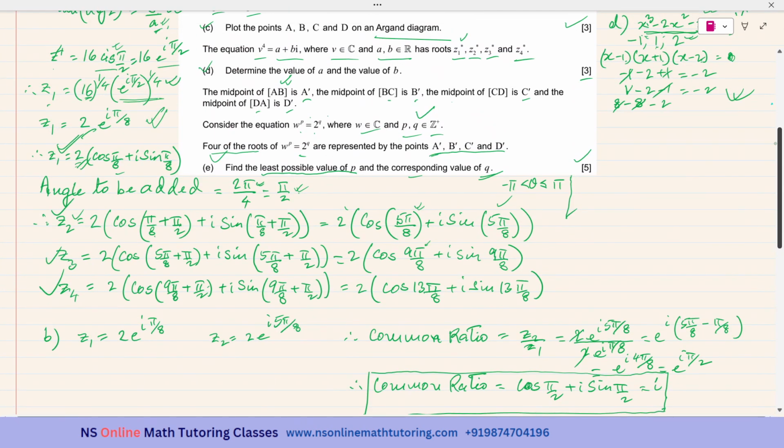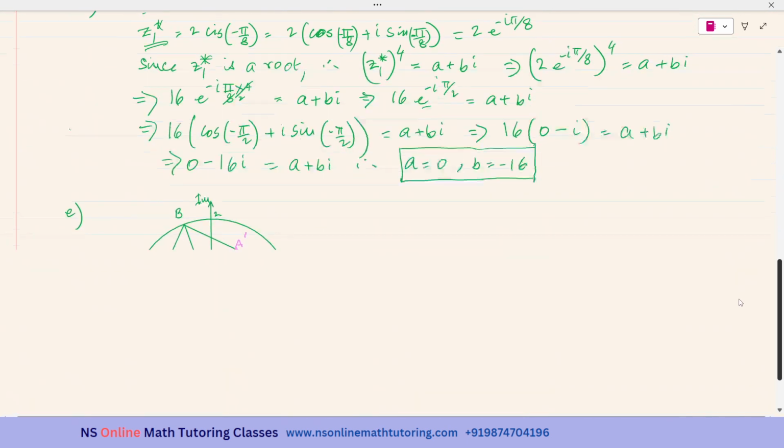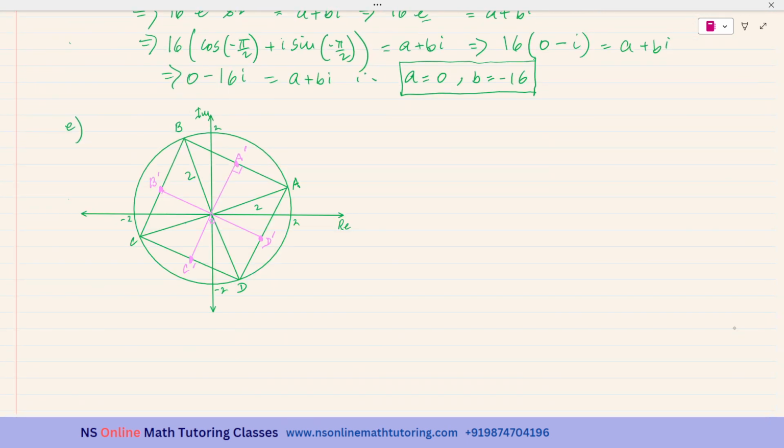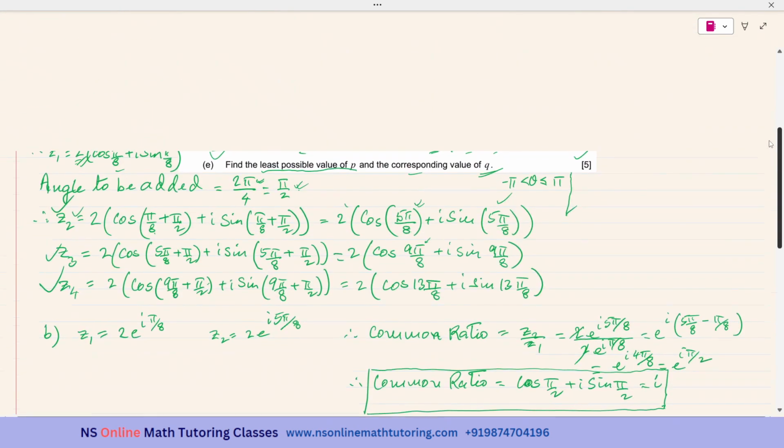So we have to first of all know the complex numbers represented by A prime, B prime, C prime and D prime. We know the complex numbers for A, B, C and D, but we do not know the complex numbers for A prime, B prime, C prime and D prime. So let us take at least one of them, because, as they have said, four of the roots.